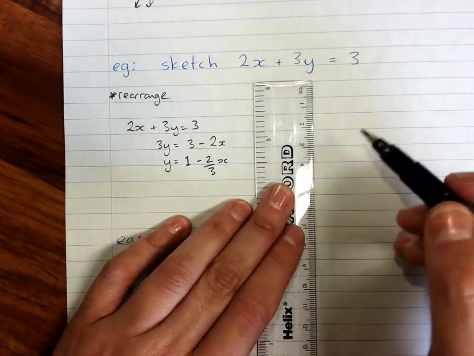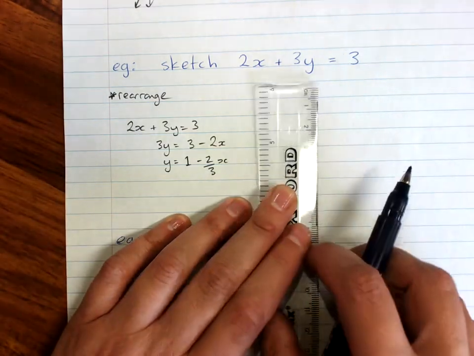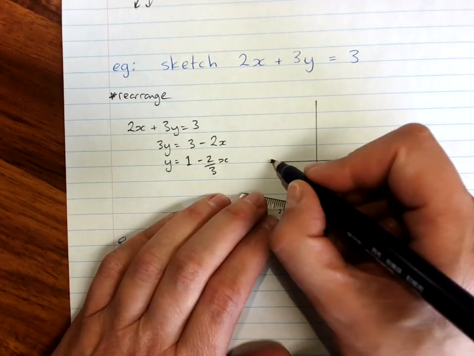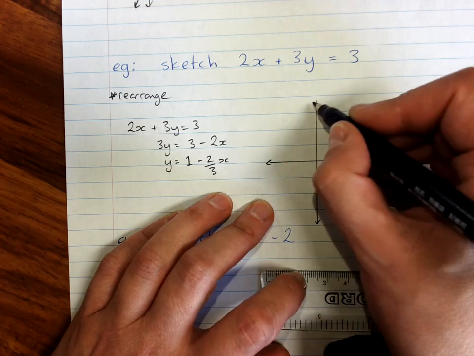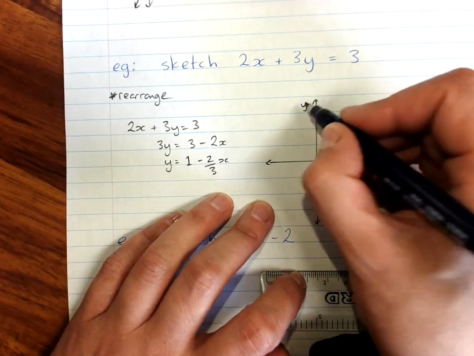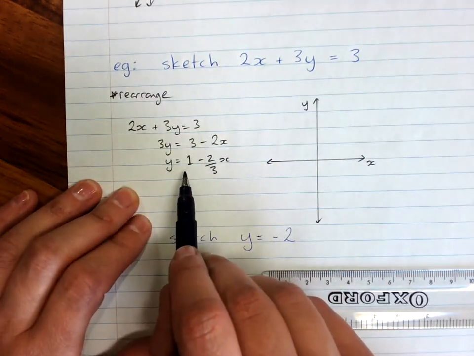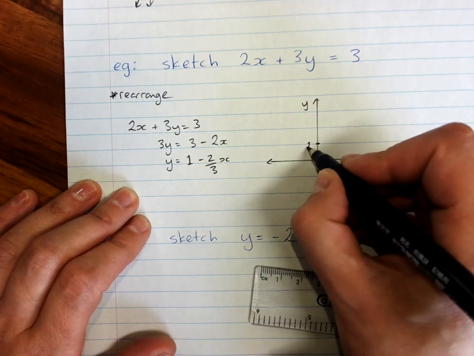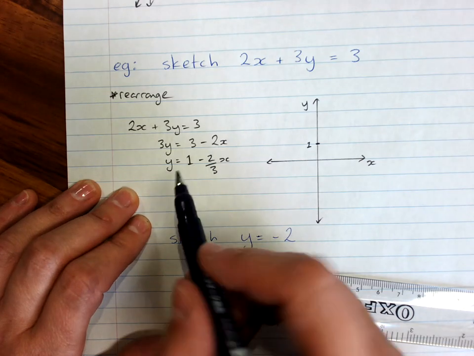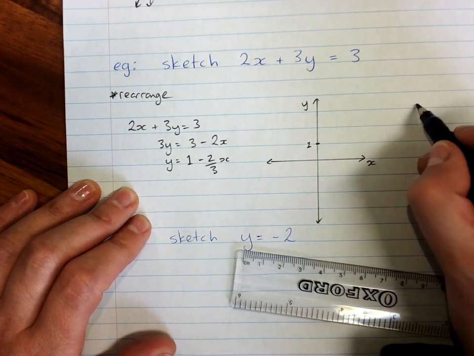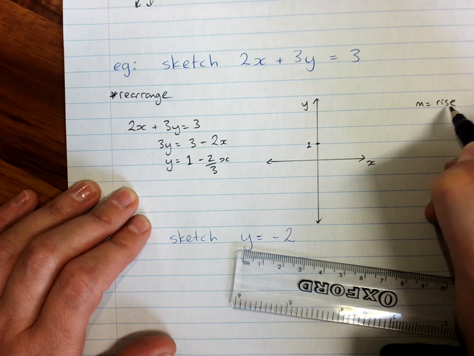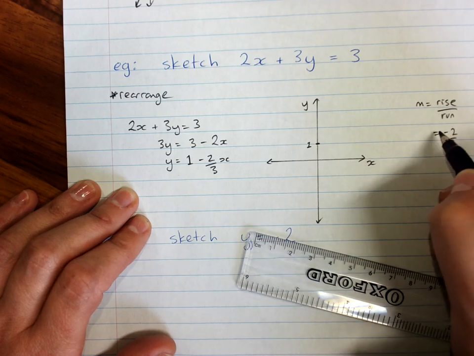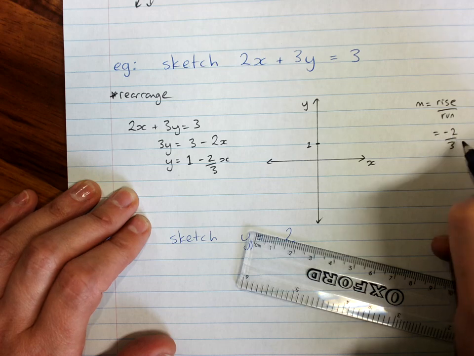As always, draw a set of axes and give them their arrows and their x and y. Find the y-intercept of 1 and just put it somewhere that looks good for 1. Then remember, if you need to, rewrite gradient equals rise over run equals negative 2 on 3. That says a drop of 2 and go across 3.